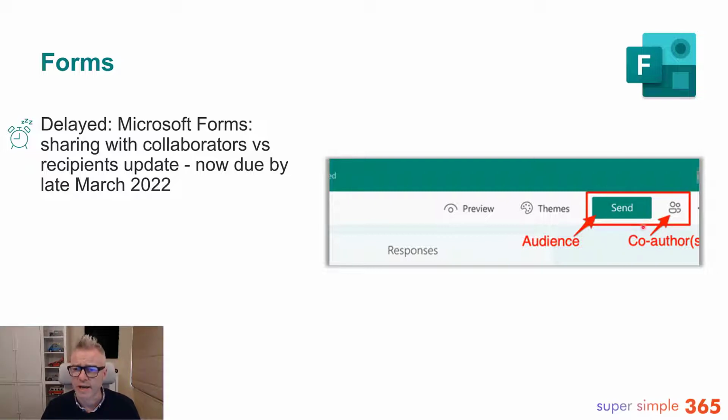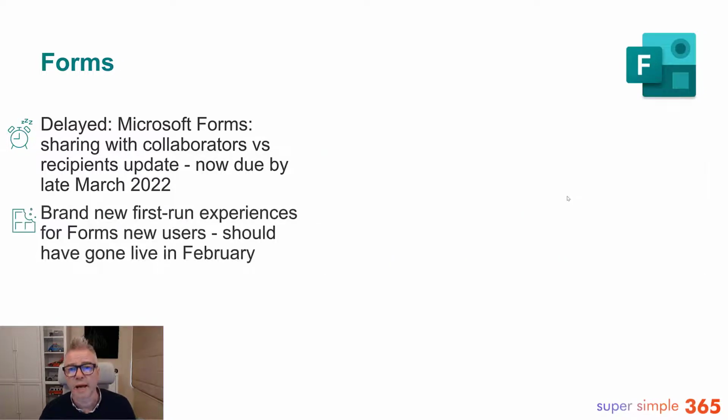So if I look here, you can see that you've got the ability to send it to people to fill in. You can send it for people to complete and fill in. If you want to, say, work with a colleague on it, then you've got this new icon here. Click on there, and then you can send that off to them. But that's also where you'll find the ability to duplicate a form too.